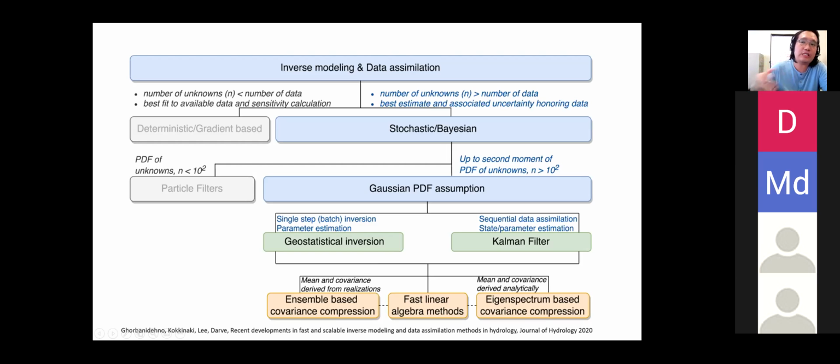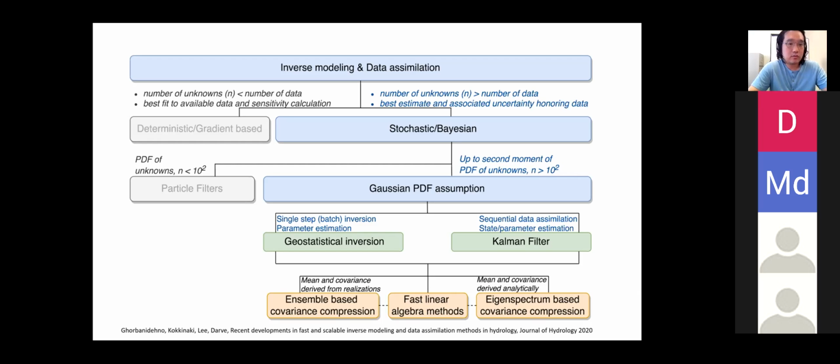Otherwise, for sequential data simulation, you probably want to use the Kalman filter. And if it is very expensive, you can use the ensemble Kalman filter or spectrum-based covariance compression followed by fast linear algebra methods, and then you can accelerate all this data simulation within a tractable computational time.